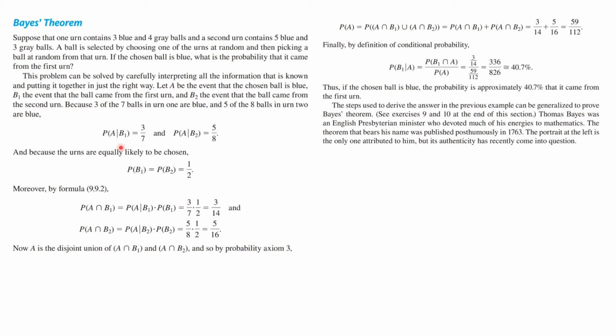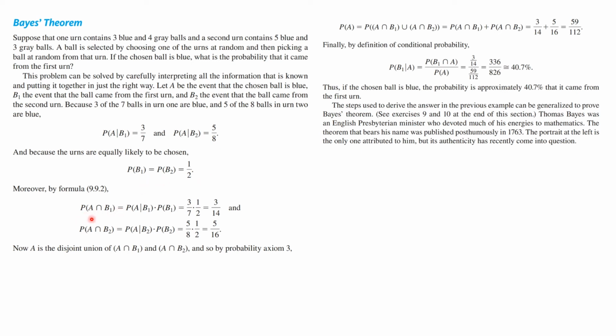So we know that because 3 of the 7 balls in urn 1 are blue, the probability of event A given B1 is 3 out of 7, and the probability of A given B2 is 5 out of 8. And because the urns are equally likely to be chosen, the probability of B1 equals the probability of B2 is 1/2.